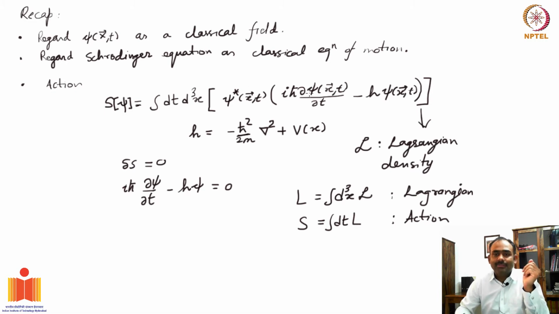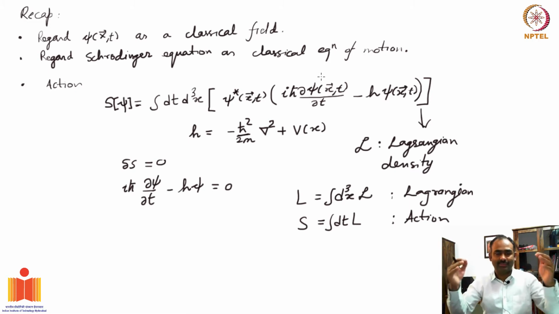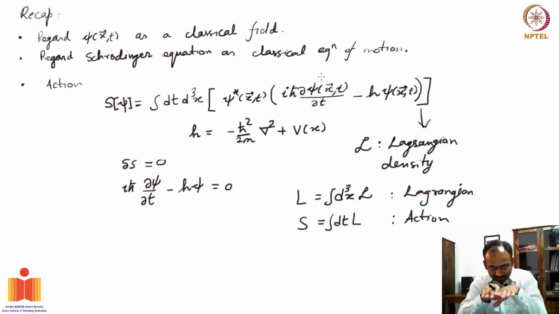If you specify a field configuration, meaning you tell the value of psi at each point in space and time, and in this case it's complex, so you have to tell both the real part and the imaginary part of psi, at each point and at all times, then you can calculate the action.